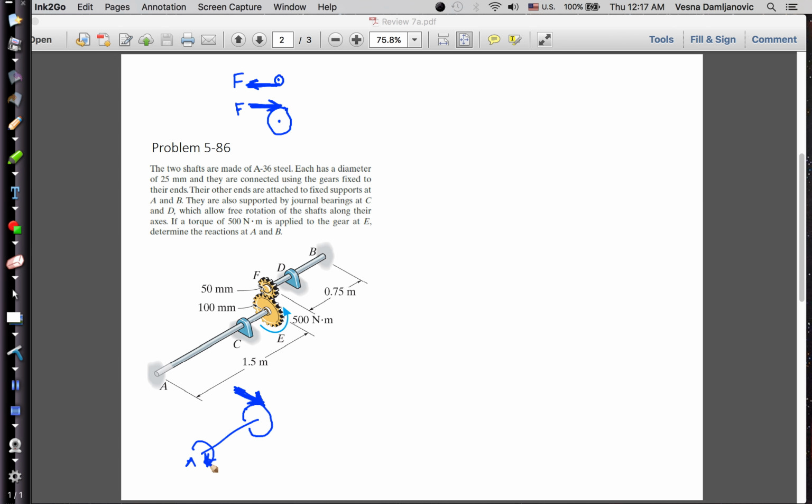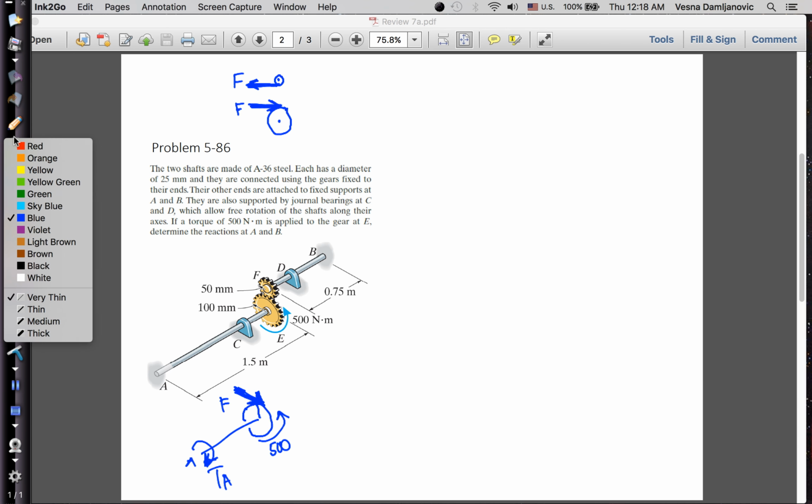That's the end A, and so this is TA. And the torque here is in this direction, and that's 500 Newton meters in this case. And this is an F. And this distance here is 0.5 meters.